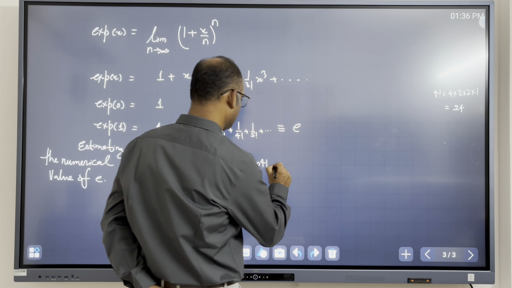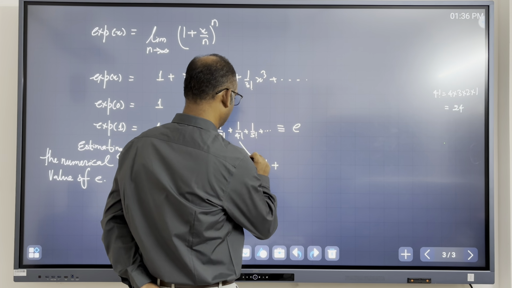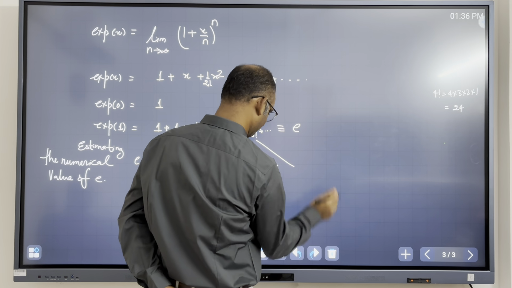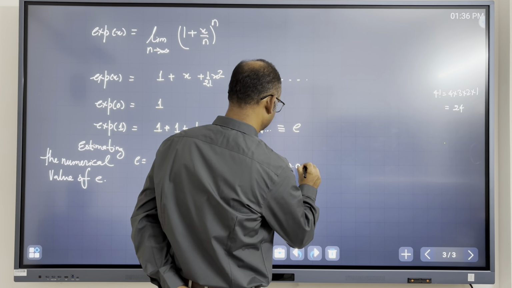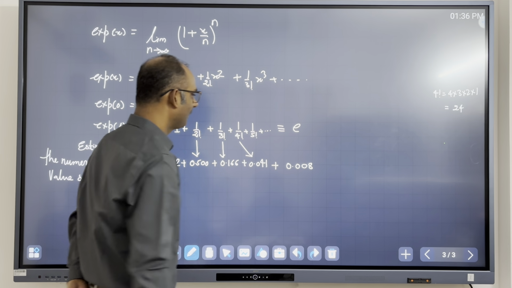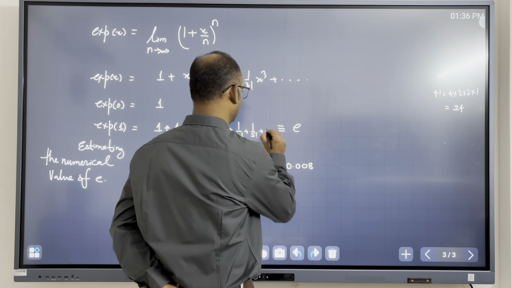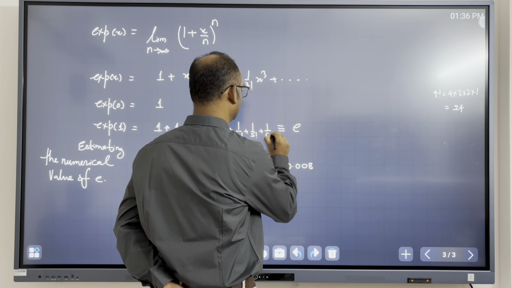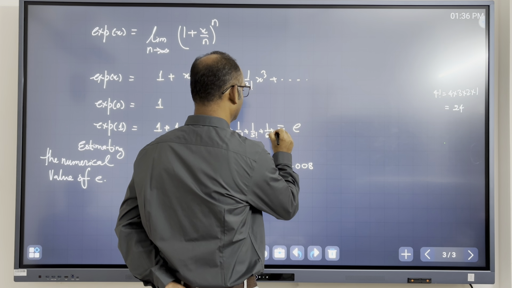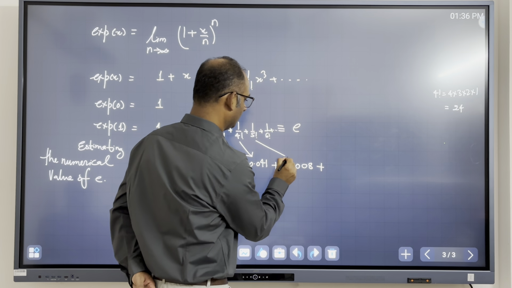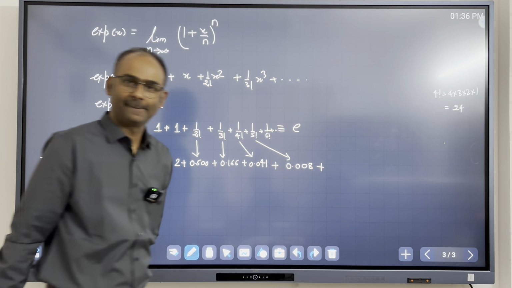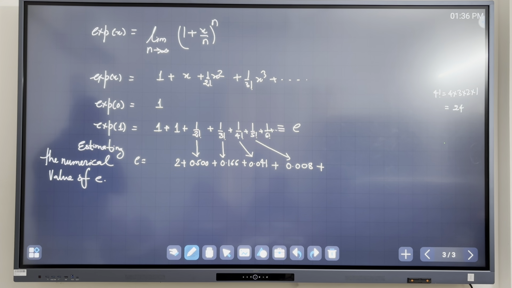How much is 1 over 5 factorial? 0.008. Maybe give me 1 over 6 factorial also. 1 over 6 factorial, 0.001.